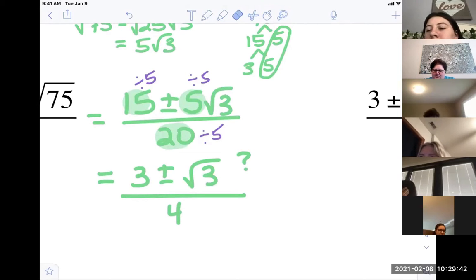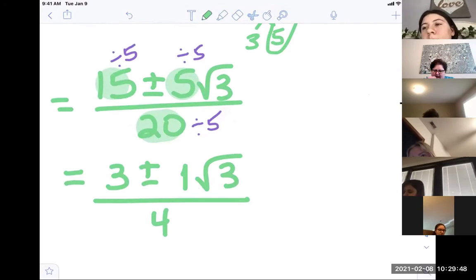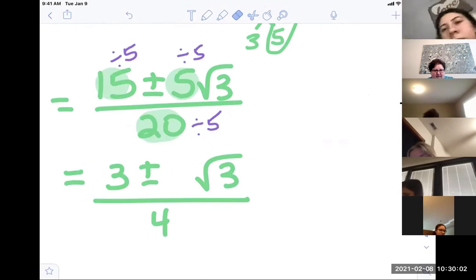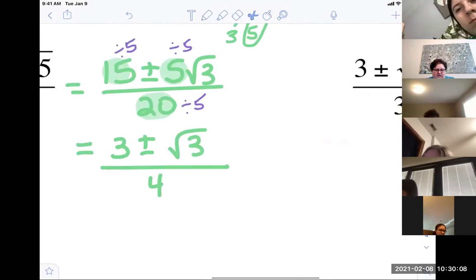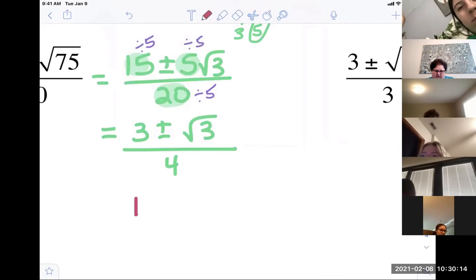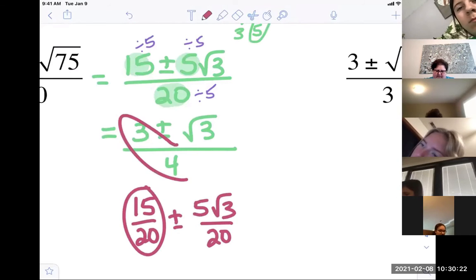Okay, so you are confident that it doesn't divide out, but you're wondering if you need to put a 1 like that. Yeah. Okay, it's not wrong to put it, just like if you have x, when you put a 1 in front of x, it's not wrong. It just looks kind of weird to people that are comfortable with radicals. So that's perfectly fine to do, but you don't have to have it. There's an implied 1 in front of the radical, again, just like with variables. So if you wanted to think of this like 15 over 20 plus or minus 5 root 3 over 20, you'll see right here is 3/4.